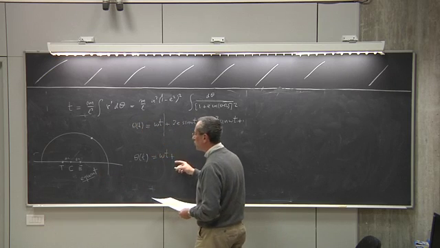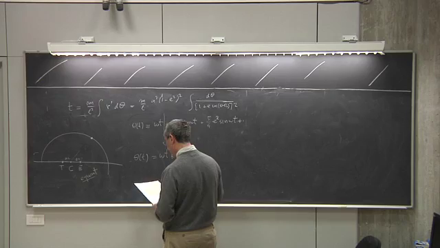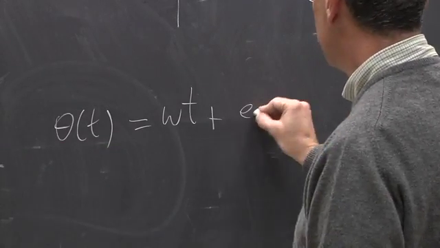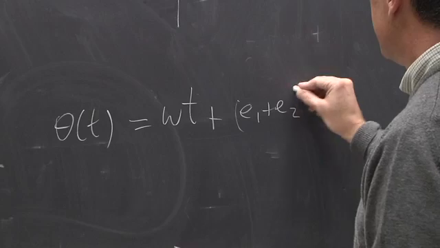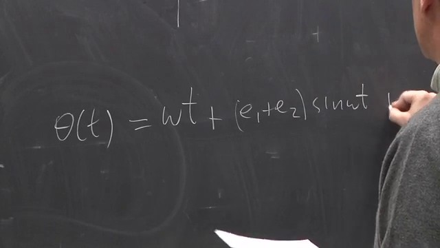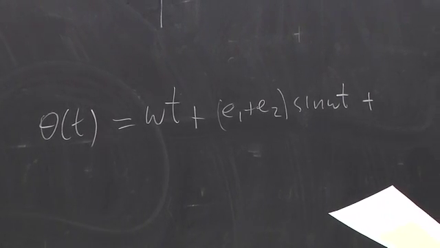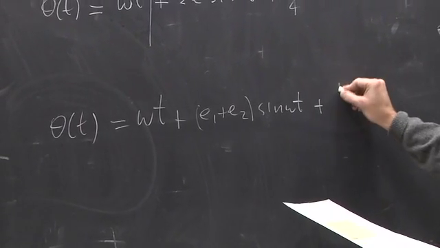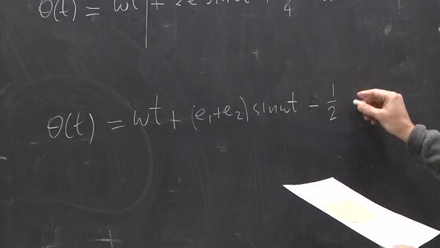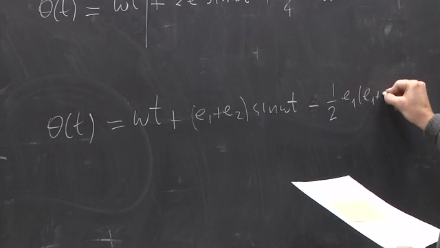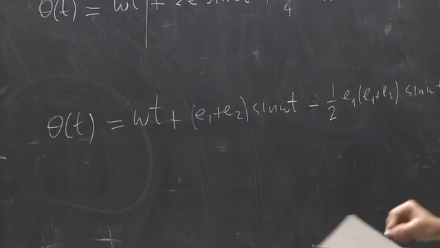Then the first correction goes like E1 plus E2, the sum of these two distances, sine of omega t, plus 1/2. Actually, I think it's minus 1/2 (E1 plus E2) sine of omega t, and you keep on going.